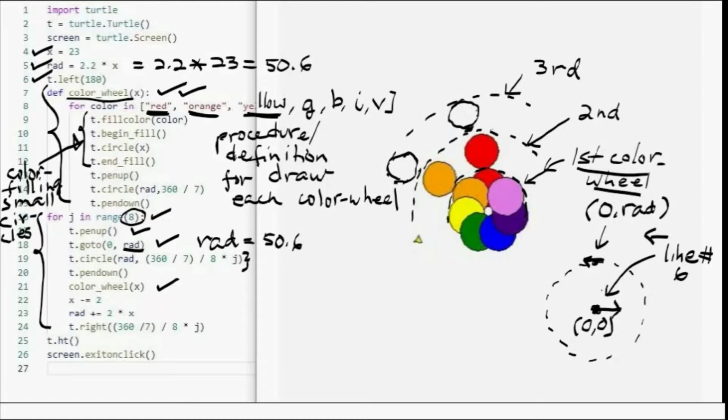Since you have already identified the first color as red, and since we are starting with this one here to the right, and since the turtle is directed towards the left, we are ready to begin the fill procedure for the circle that we are drawing, and then we are ending the fill procedure. I'm referring to lines numbers 10, 11, and 12.